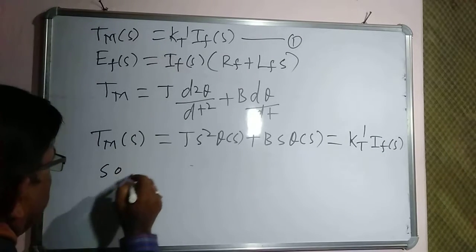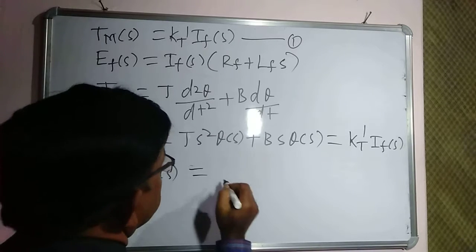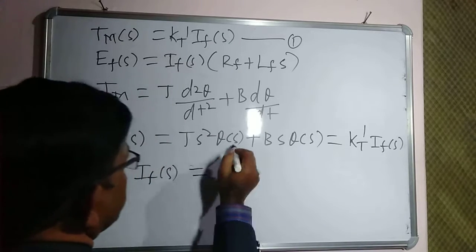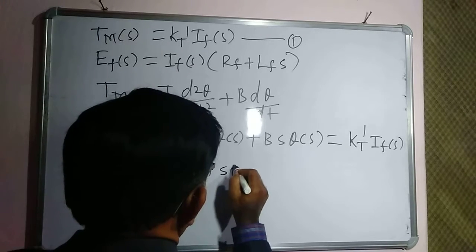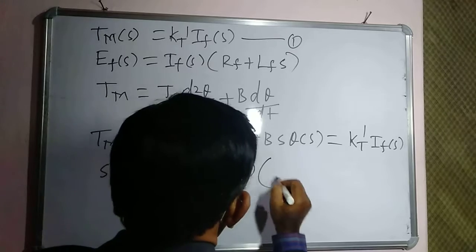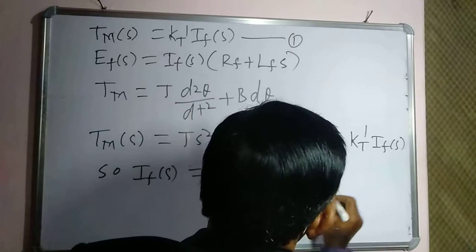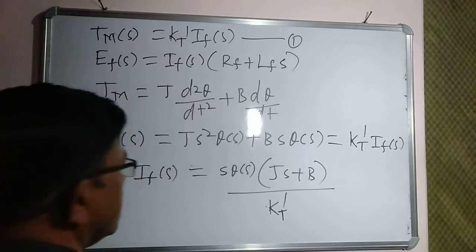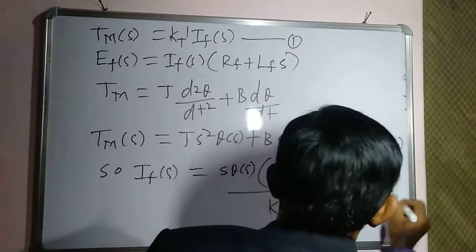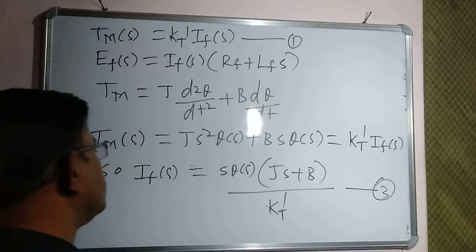So If of s is equal to, you can take common here, s theta of s into Js plus B, divided by Kt dash. So let us assume that this is equation number 3.